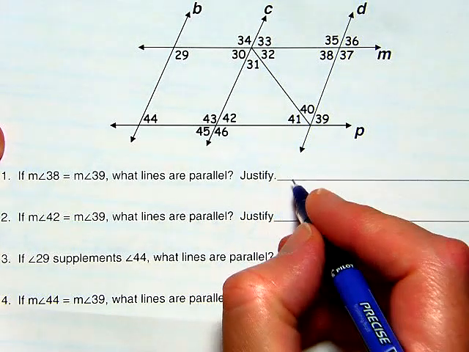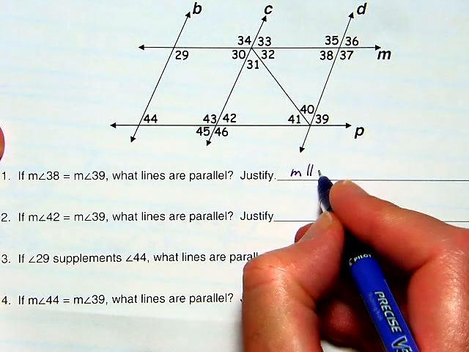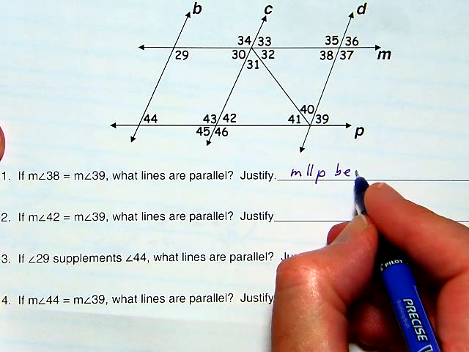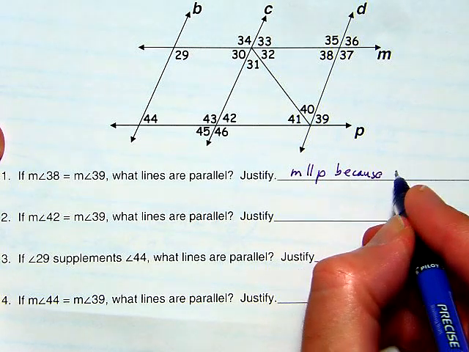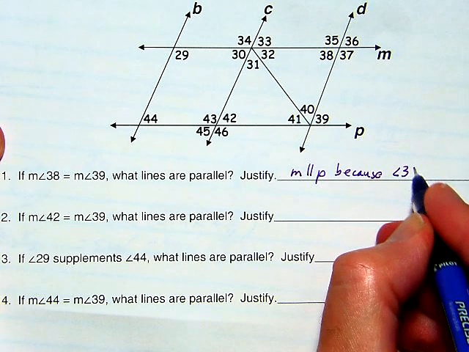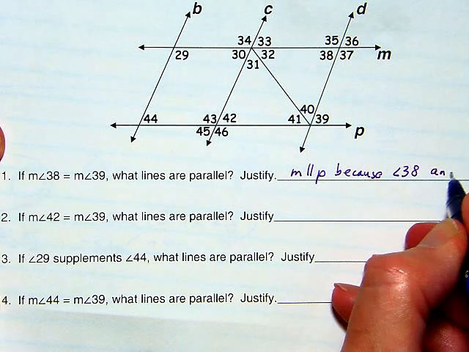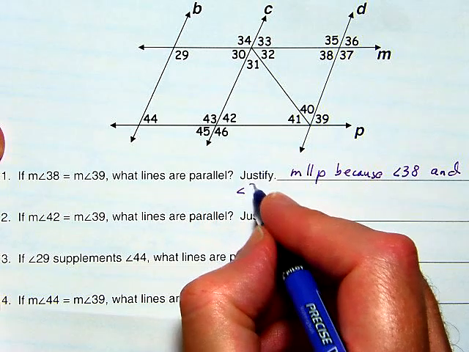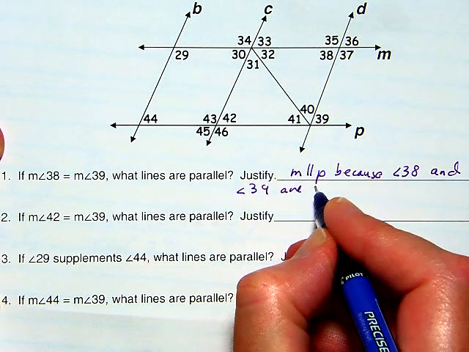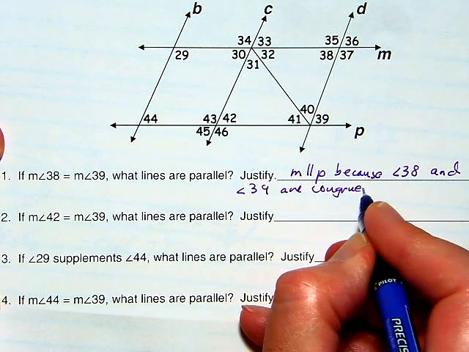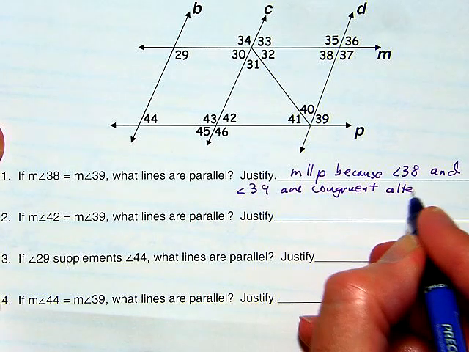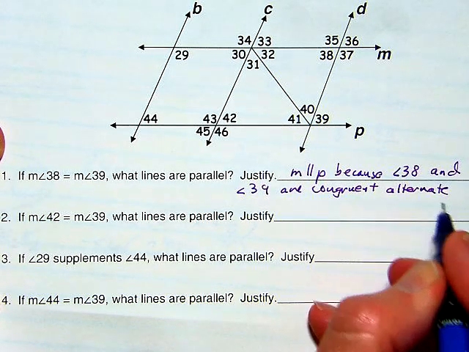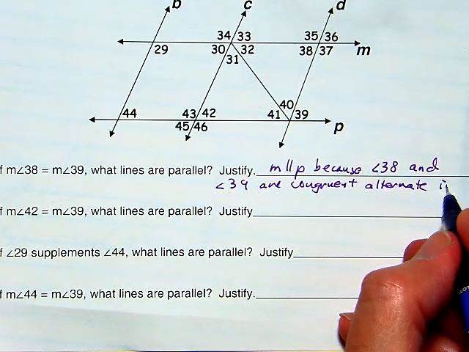So we would say M is parallel to P because angle 38 and angle 39 are congruent alternate interior angles.